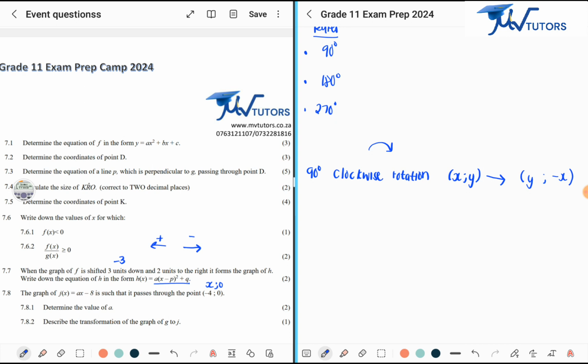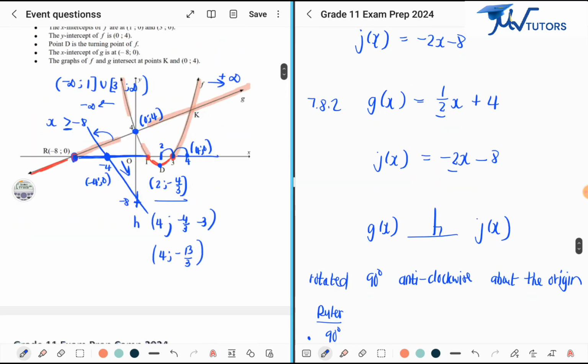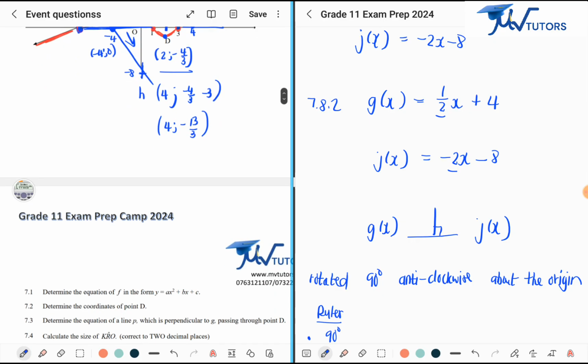So in our scenario here, where we had the point (-4, 0), if they wanted a clockwise rotation, it would be (0, 4). I think I did say that as well. Yeah, it would have been (0, 4) if it was a clockwise rotation.